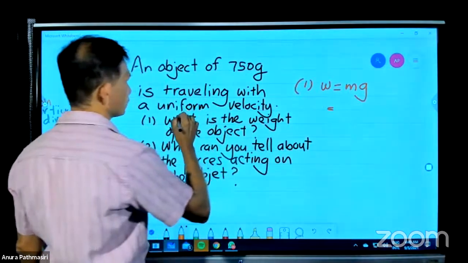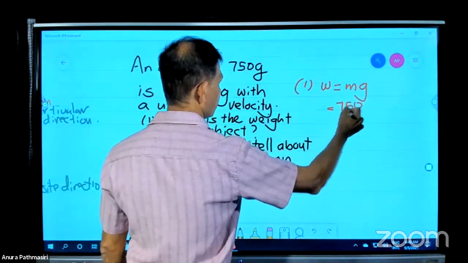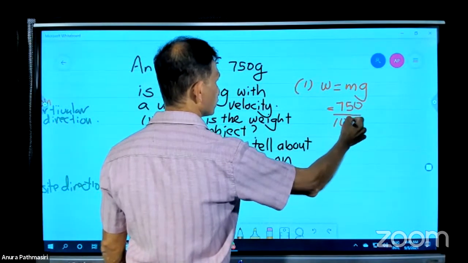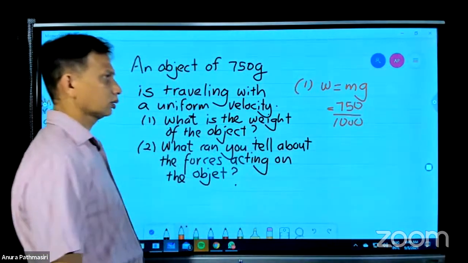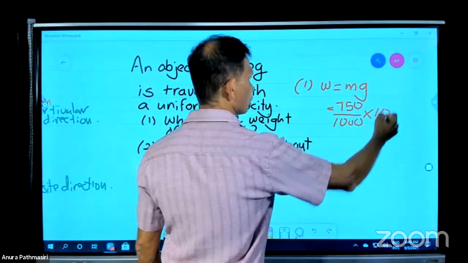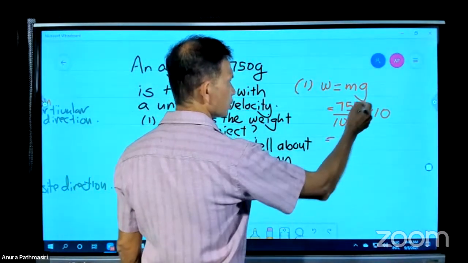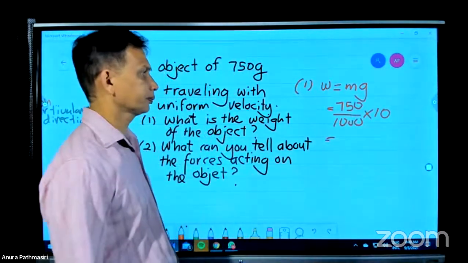M is 750 grams, so 750 upon 1000 to make it kilograms, and g is 10. Normally it is given. So what is the answer?